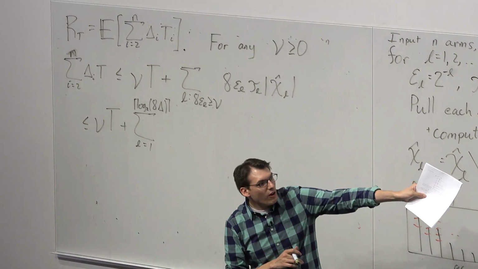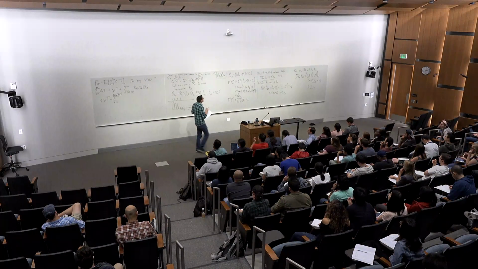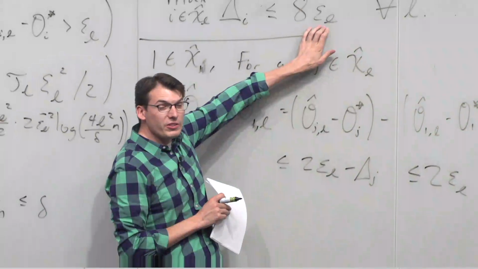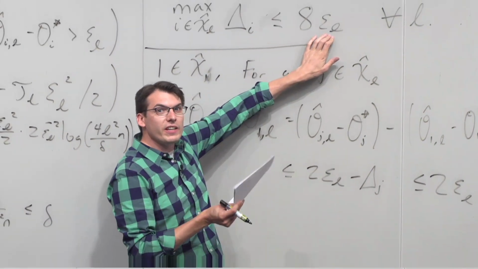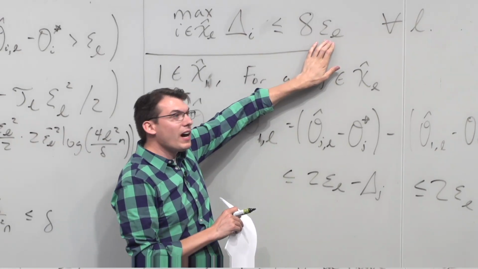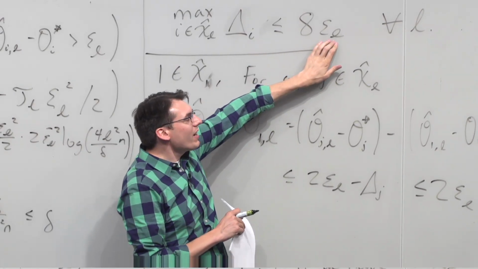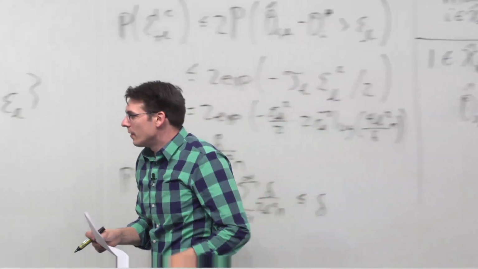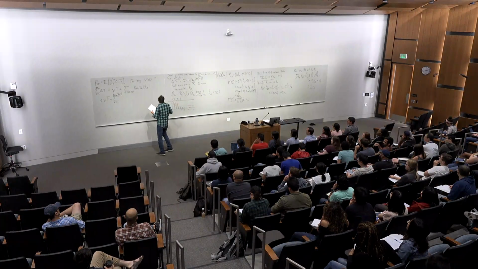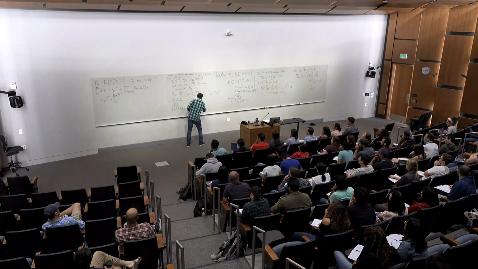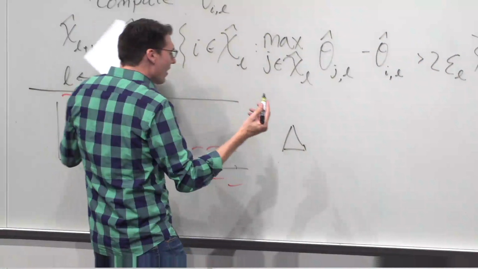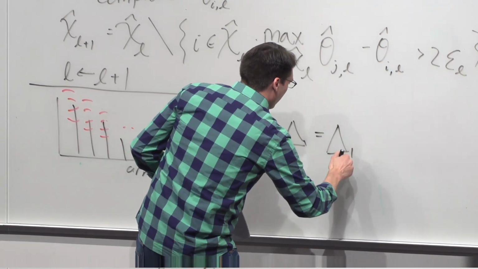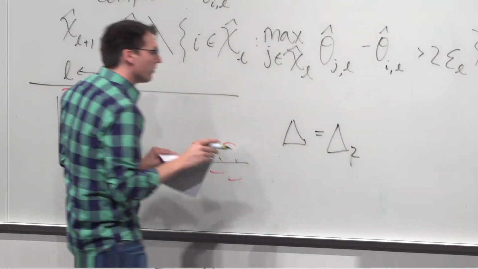Because of our event, or because of our lemma, epsilon L is equal to 2 to the minus L, so once L is greater than the ceiling of log 2 of the min gap, I'm defining delta now, I should just call it delta 1, as being equal to the min gap, basically delta 2.